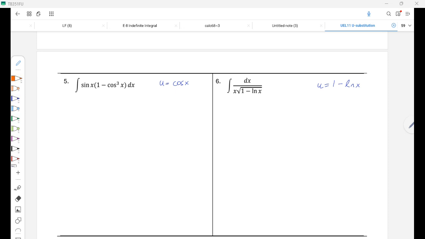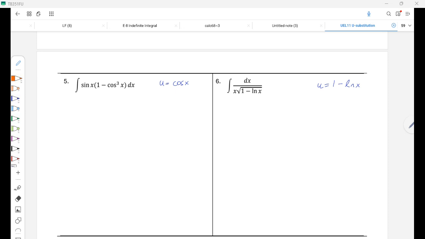So we landed on u being cosine x, and the nice thing about that is du is negative sine x dx. And we do have a sine x being multiplied by a dx in our integral, because multiplication doesn't care about order. If I just flip-flop these two terms around, I'd legit have sine x dx.